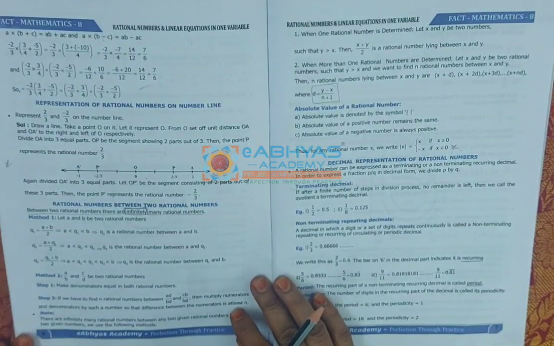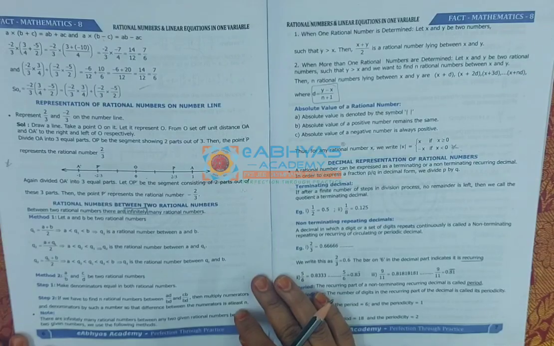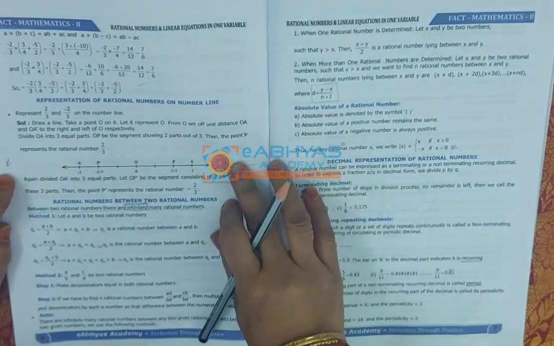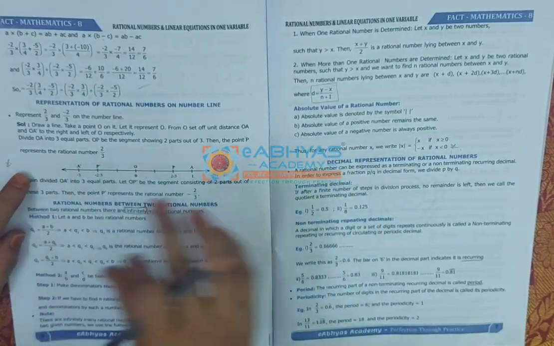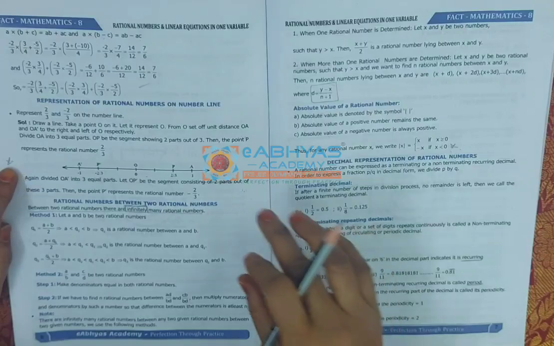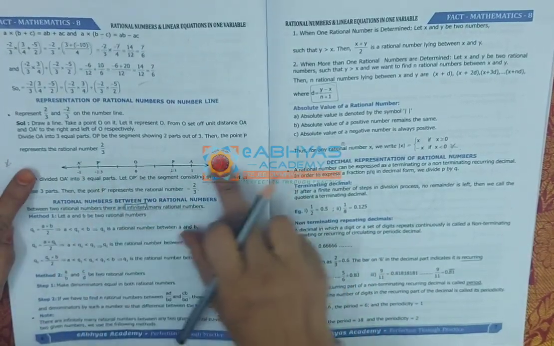And next, representation of rational numbers on a number line. This is somewhat new for the student. Already they can plot whole numbers on a number line, so this has to be explained.